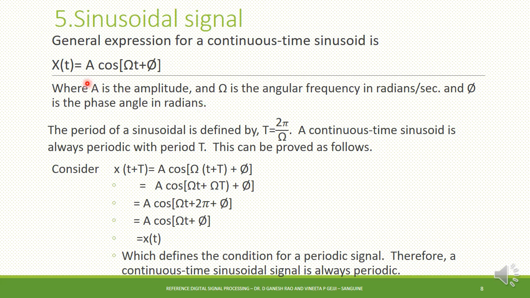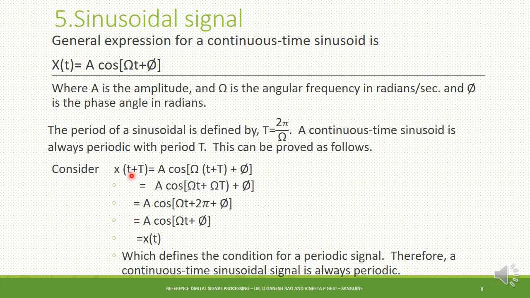Let us show that this is a periodic signal. The period of the signal is defined by T is equal to 2 pi divided by omega. A continuous time sinusoid is always periodic with period T. This can be proved as follows.